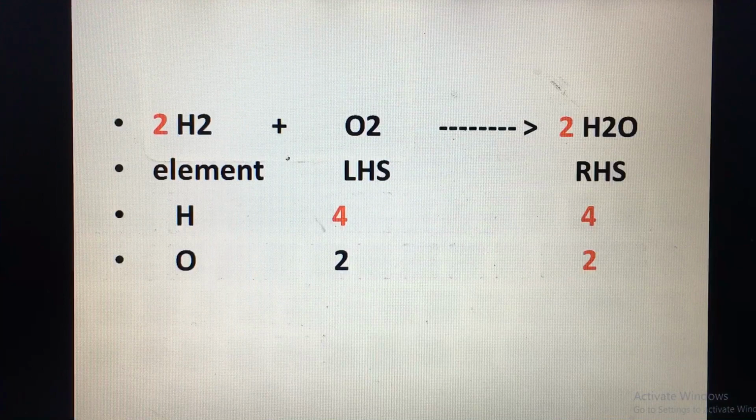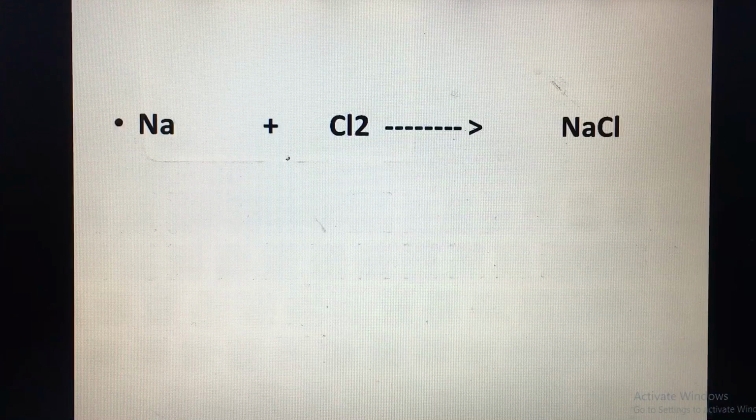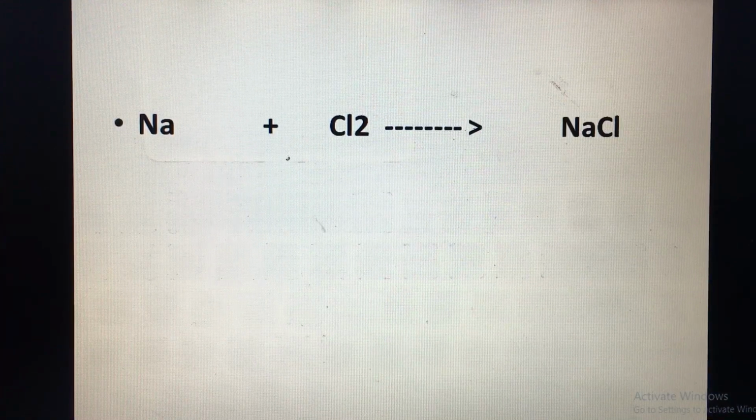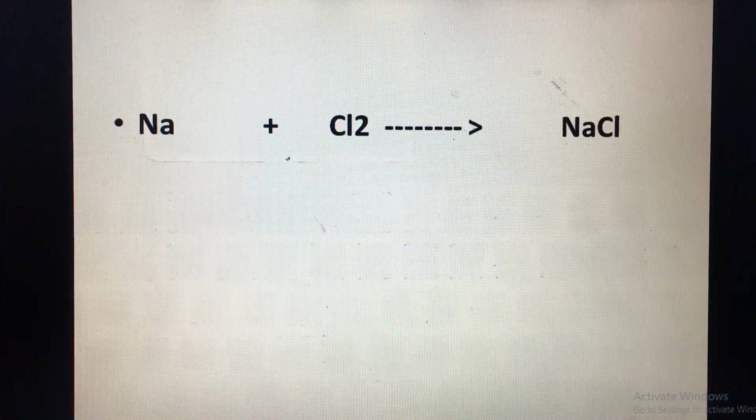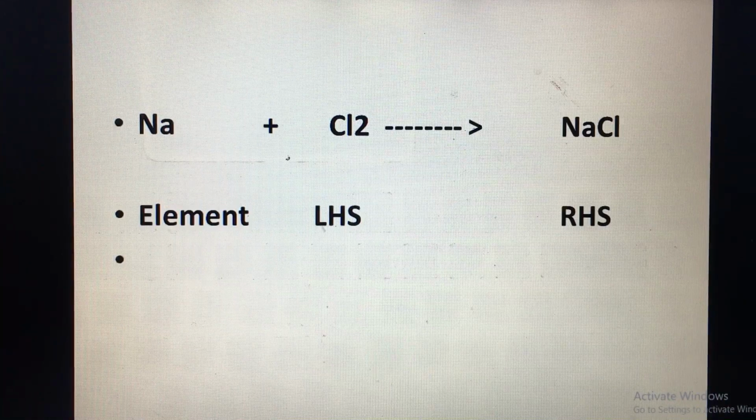And next, are you ready to try our next example? That is, sodium plus chlorine gives sodium chloride. So let's check if the equation is balanced. Again we make the columns: element, LHS and RHS. And what are the elements here?